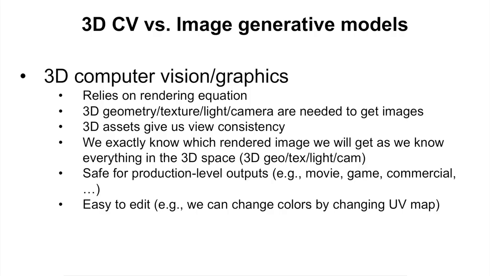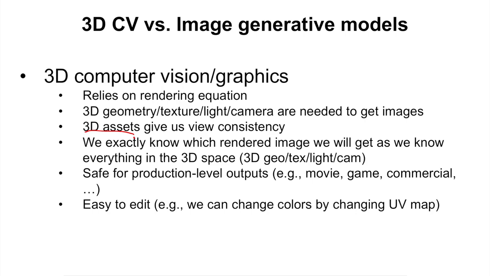But 3D geometry especially gives us view consistency. That means we exactly know which rendered image we will get, as we know everything in the 3D space. It is mathematically guaranteed which rendered image we will get from such 3D assets.